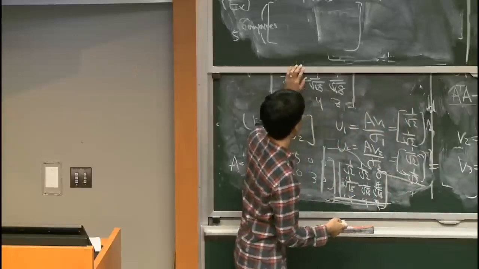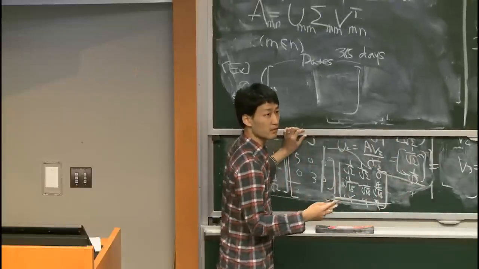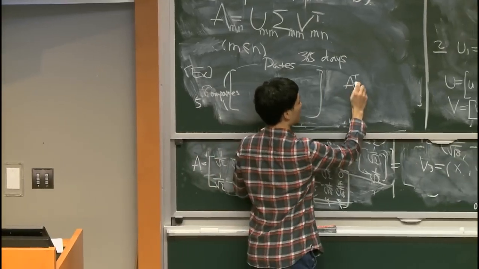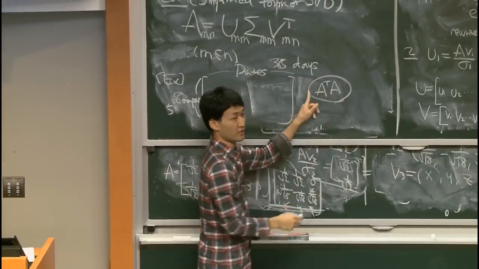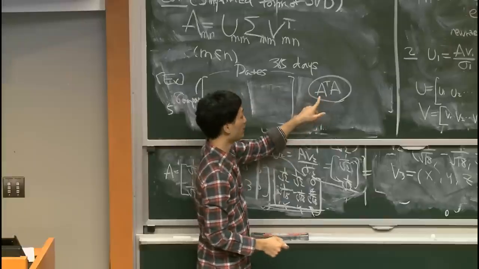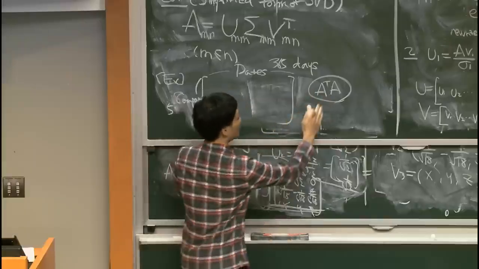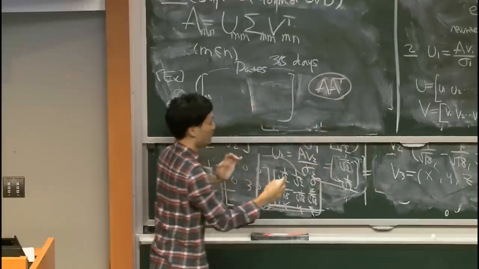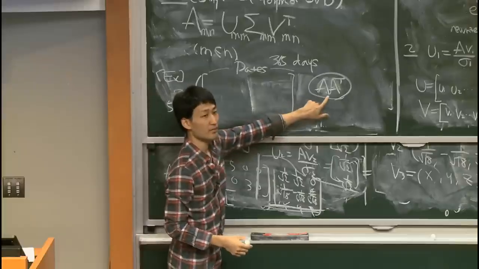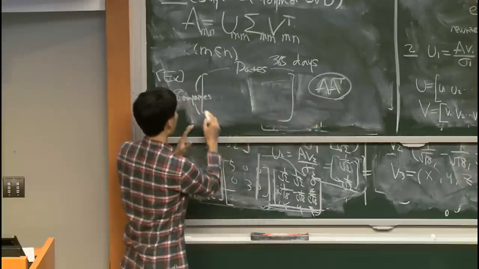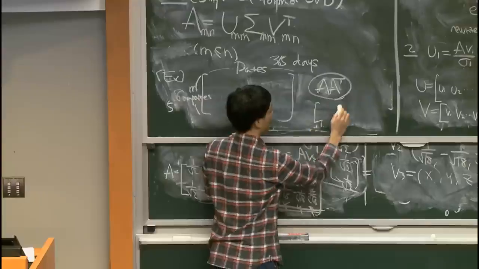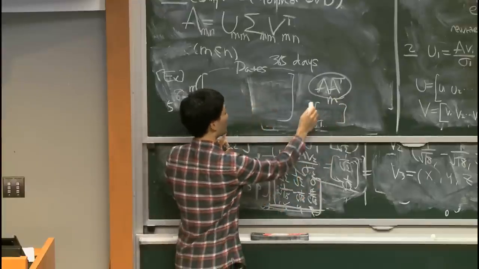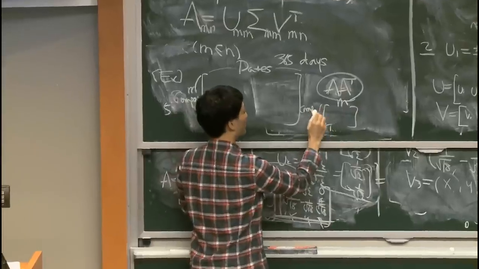But another way to think of it is where it comes from. All this singular value decomposition, if you remember the proof, comes from eigenvectors and eigenvalues of A transpose A. If you look at A times A transpose, you're going to get an m by n matrix, indexed by these companies.